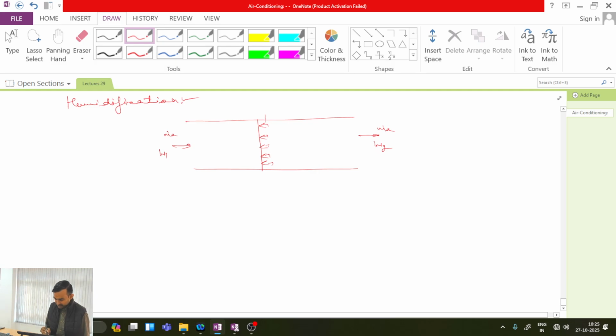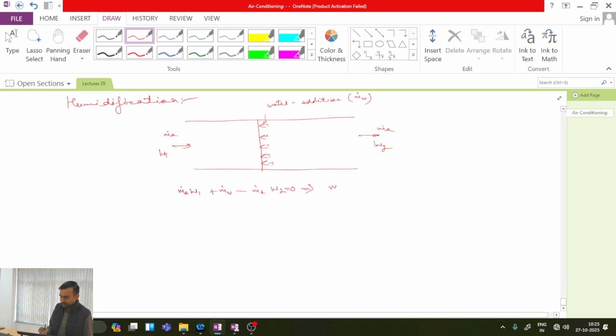So of course this is nothing but water addition. And let's assume this water addition is being done at the flow rate of m dot W. Now if you write the mass balance, for dry air it will remain the same, but for water vapor you will find that m dot A into W1 is the vapor content at inlet, then m dot W amount of mass we have added, and the mass going out is m dot A into W2, equal to 0.